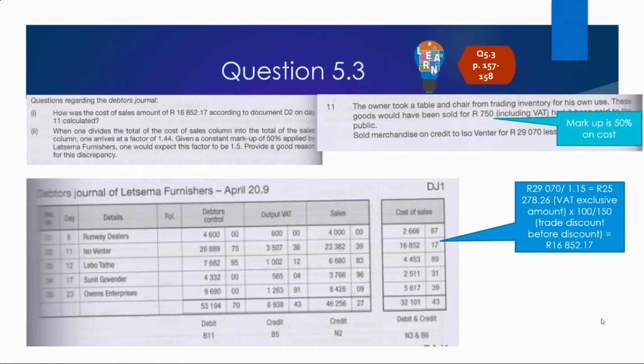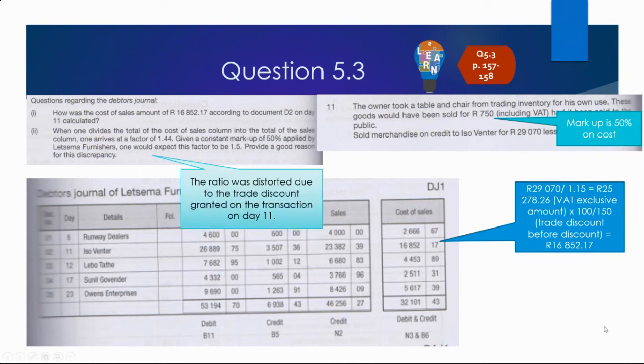And that's why there was a difference because of the trade discounts. Okay. Now, another thing could also be because of the fact sometimes rounding might also be an issue, but that wouldn't cause such a big difference, however. So rounding might also sometimes play a role in our calculations, depending on what type of rounding you use.